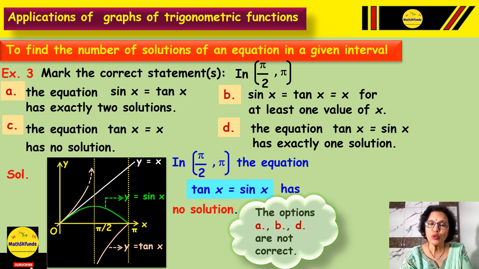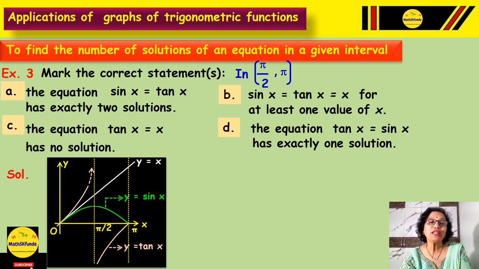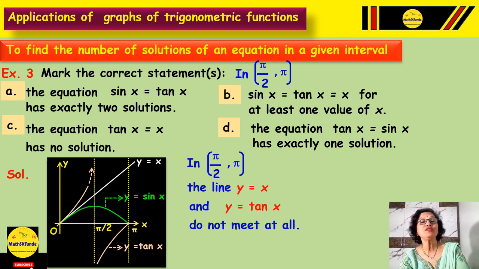So now don't jump to option C immediately. Now make sure that option given is also correct. Question should not be wrong, right? So we go for now third option, which needs y equal to tan x and y equal to x. So try to see what happens to y equal to tan x and y equal to x in interval pi by 2 to pi. And we realize that y equal to x is somewhere here over pi by 2 to pi.